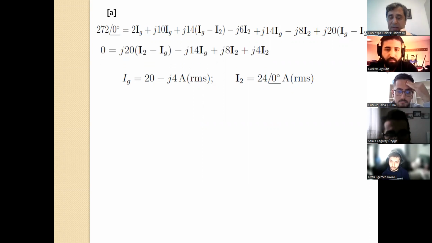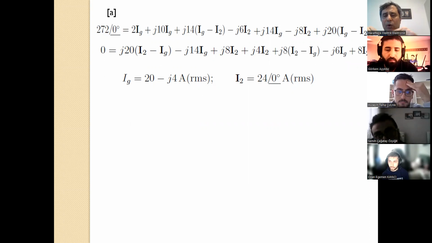Second mesh current over the load side, we have defined that by I2. I'm not going to go into details, you see, because this is the topic for the first term. You should know how to write the mutual inductance induced voltages over each element, especially what the main rule was.